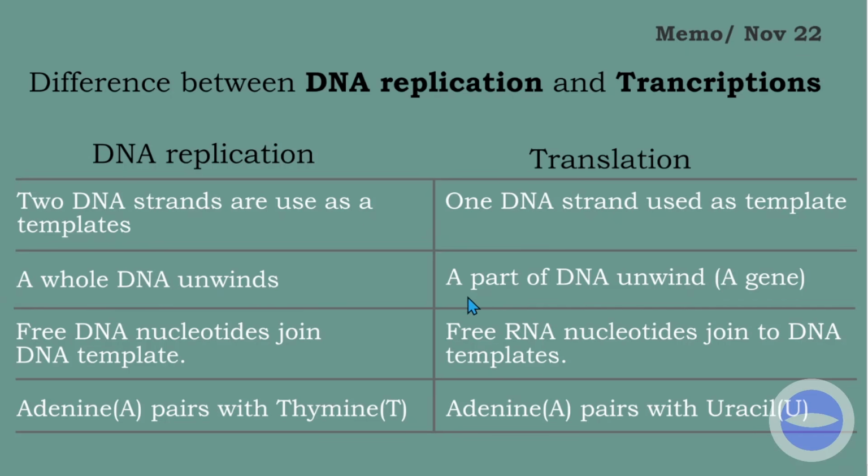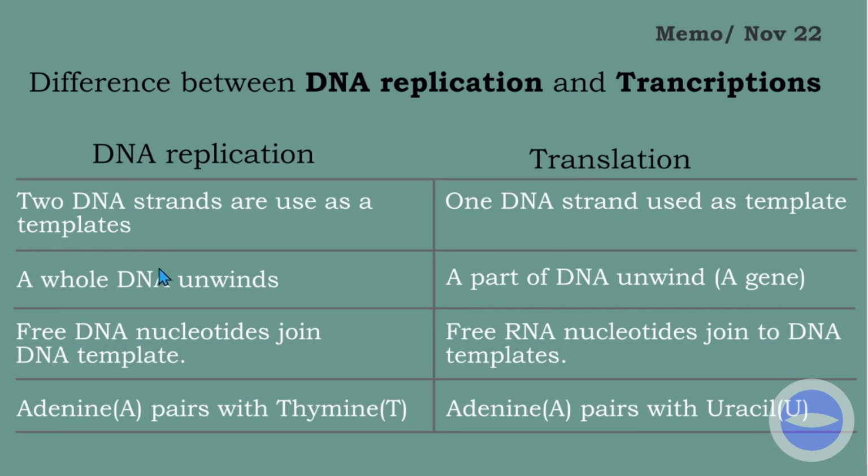But in transcription, only a part of the DNA is unwound, or a gene is unwound, and then free RNA nucleotides join the DNA template. So we've got free RNA nucleotides and we have free DNA nucleotides.